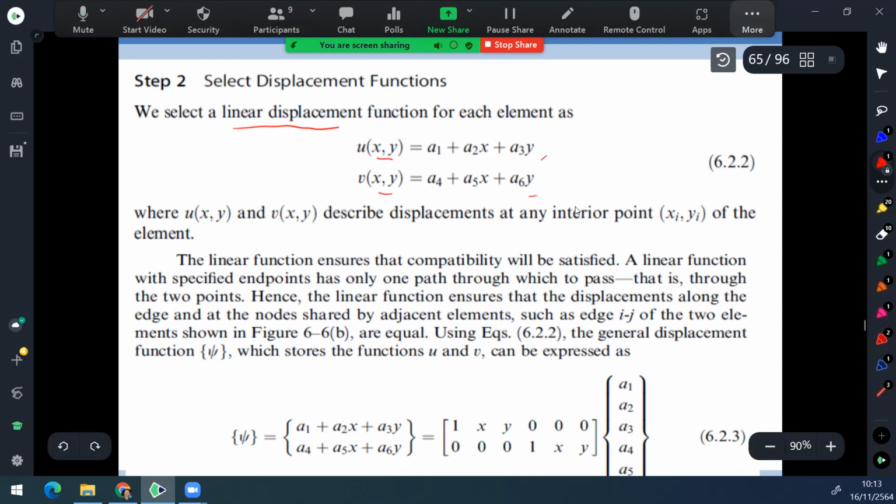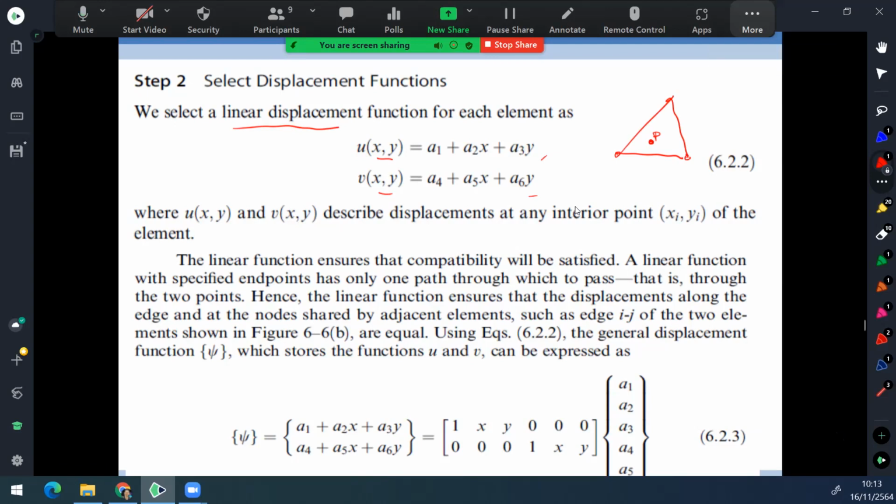We approximate the displacement inside the element, maybe at this point P, which depends on the coordinates of this point x, y. We define it as a linear function like this.